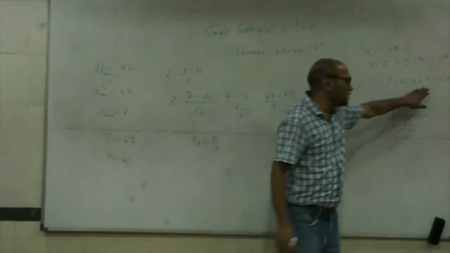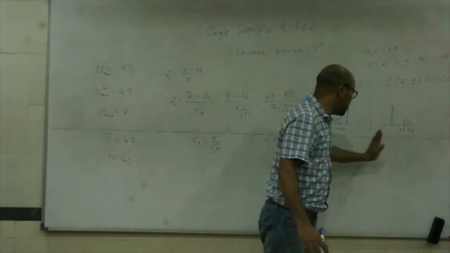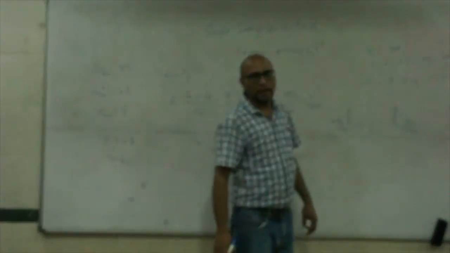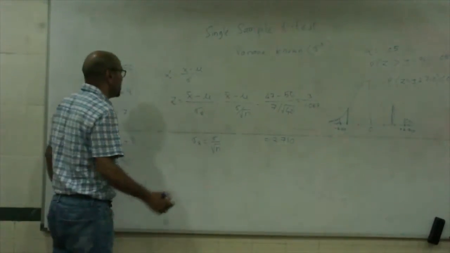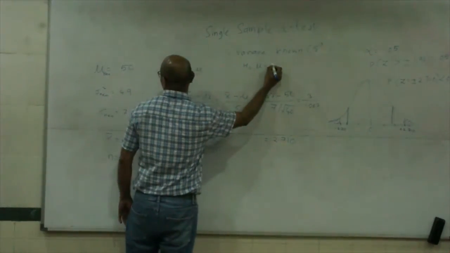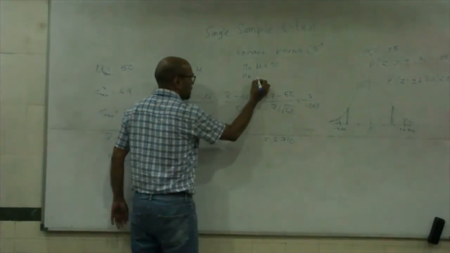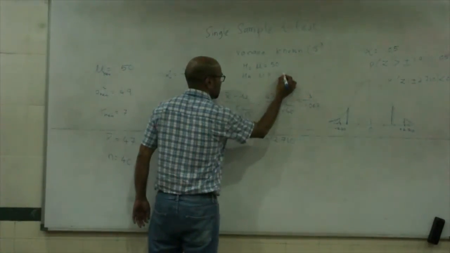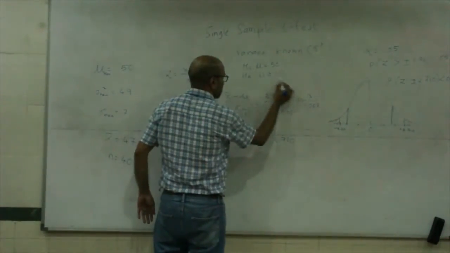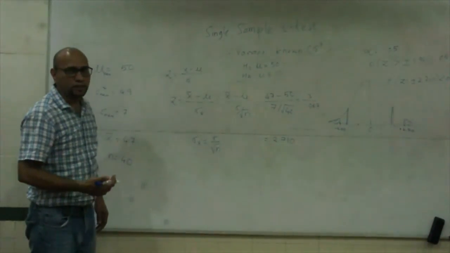This probability that I will get a Z of this is smaller than 0.05 because it is greater than 1.96, and so I say that my null hypothesis that mu is equal to 50, against the alternate hypothesis that mu is not equal to 50, I cannot retain this null hypothesis, and I reject the null and accept the alternative.